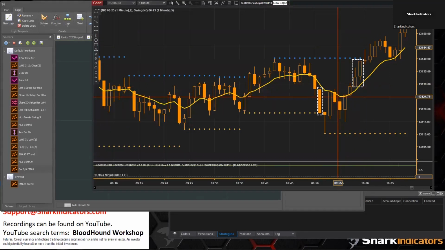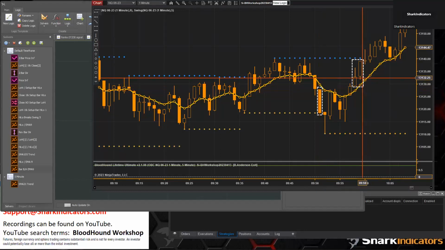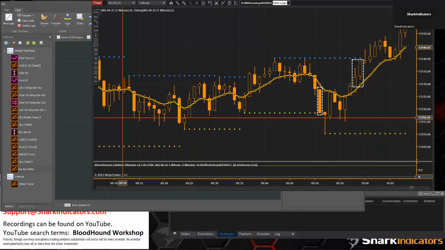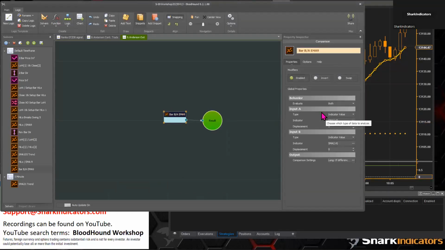How do you know if the bar is entirely below the EMA? Well, you just look at the high price. If the high price is underneath it, then you know the bar is below. In the opposite situation, if the low price is above your moving average, then you know the bar is entirely above the moving average, in our case the EMA.